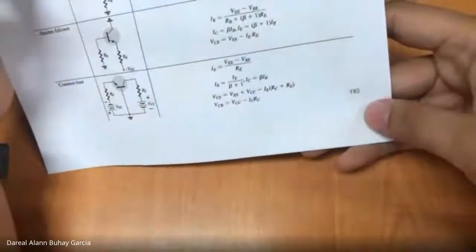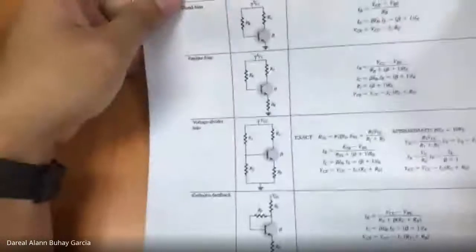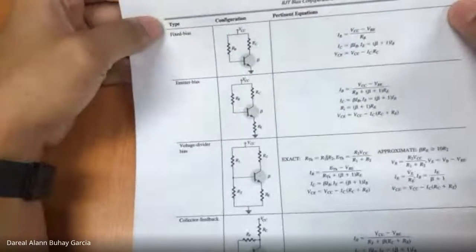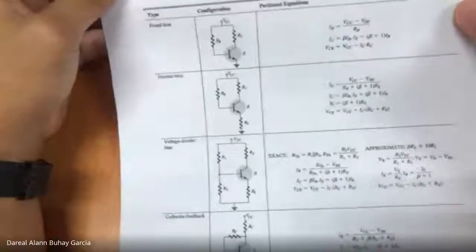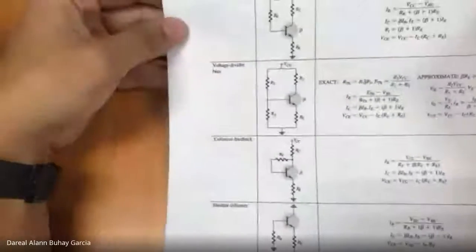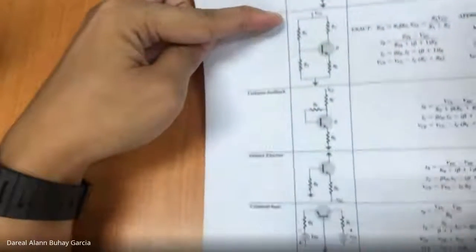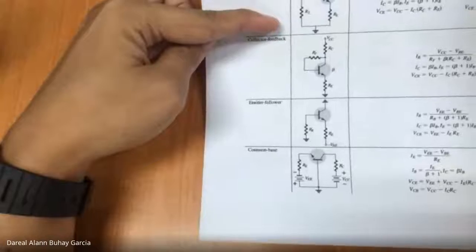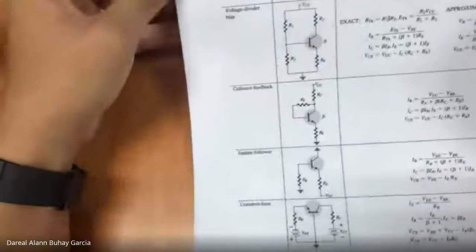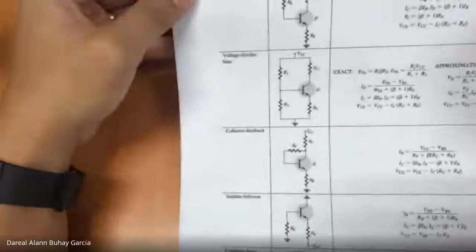So sa page 193 sa book, nakasummarize na tanan formulas sa most common nga DC configuration. Okay? So, pwede mag-refer na lang mo diri, di na mo mag-derive.